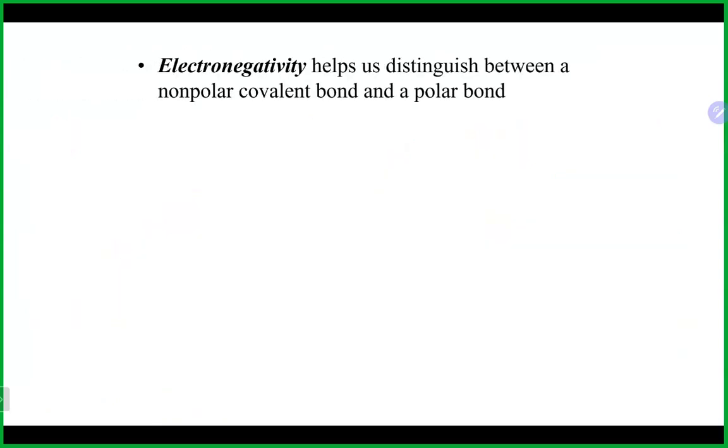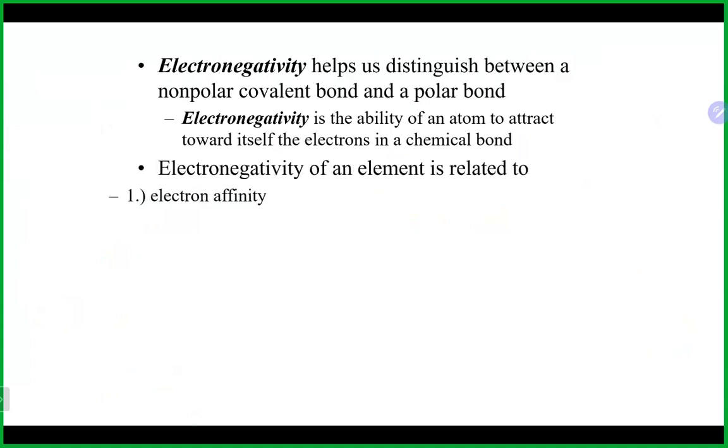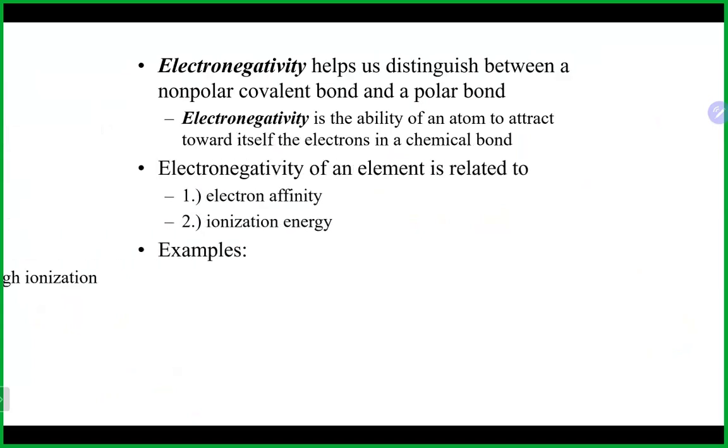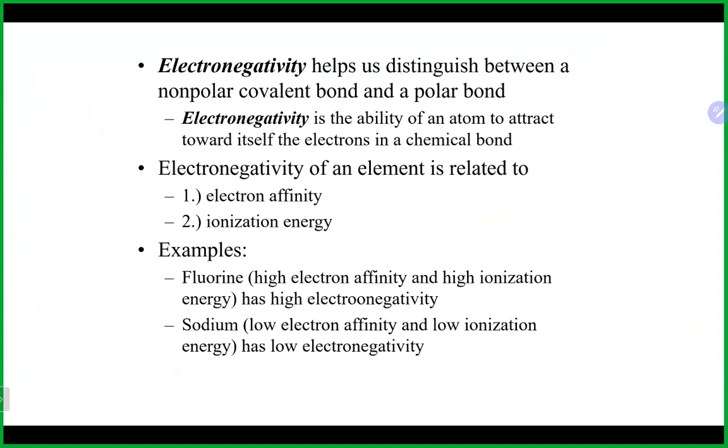Got it. So how do we know whether we are going to get a nonpolar bond or a polar bond, or occasionally even an ionic bond? We do want to look at electronegativity, which is the overwhelming periodic trend that we look at to help us decide between polar and nonpolar.